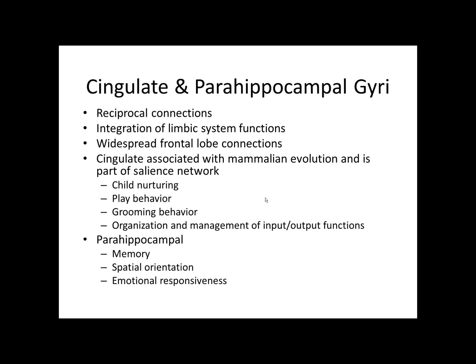So there are reciprocal connections with underlying structures, including the parahippocampal gyrus. Again, that's a paired structure, and the parahippocampal gyrus is associated with all sorts of interesting functions, including memory, spatial orientation, emotional responsiveness, and it isn't where memories are located, but it contains the template for where memories are located.